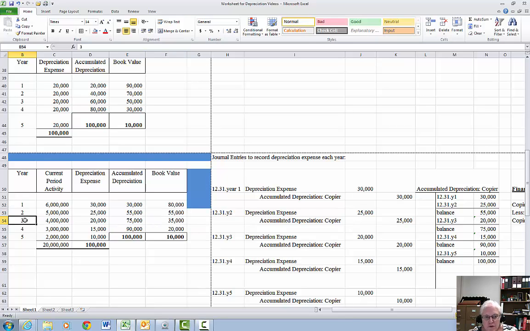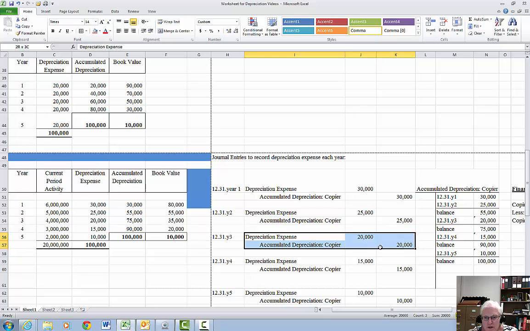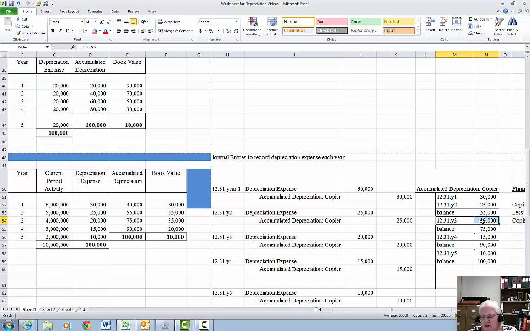In year 3, the final definition is accumulated depreciation of 100,000, which is the total depreciation expense that's been taken on an asset since the beginning of its useful life. The journal entry that we make is a debit to depreciation expense and a credit to accumulated depreciation, which is now 75.